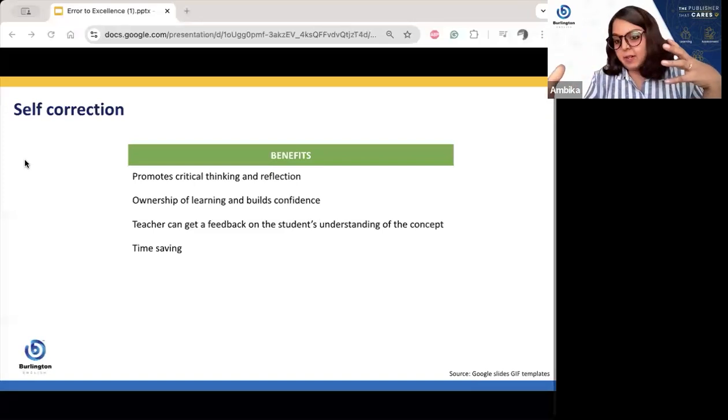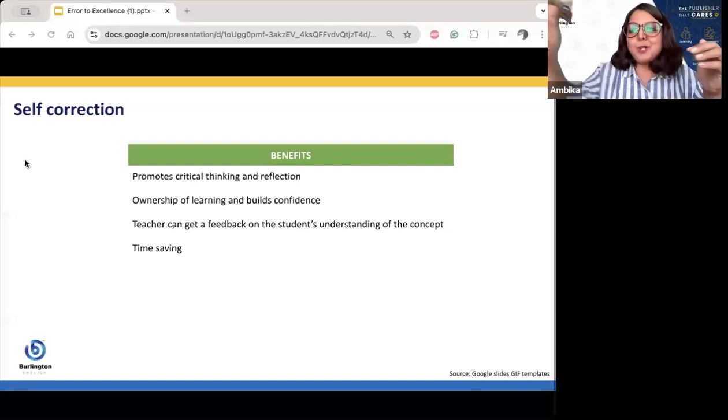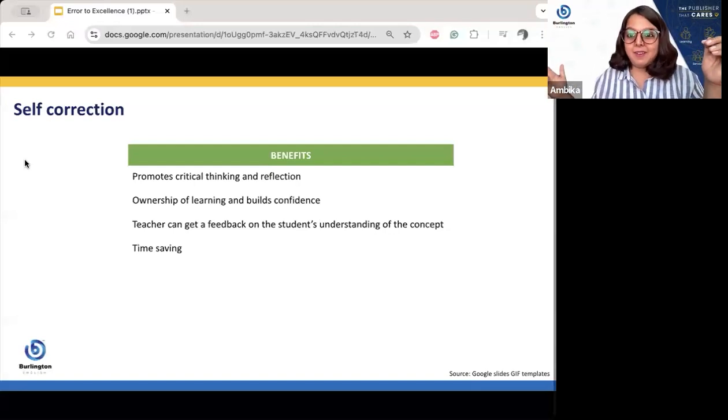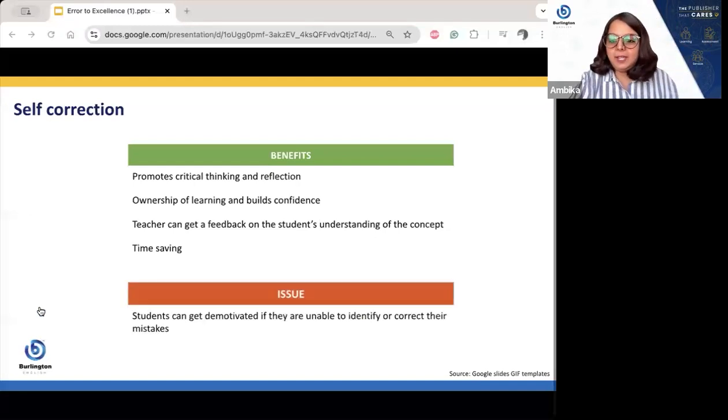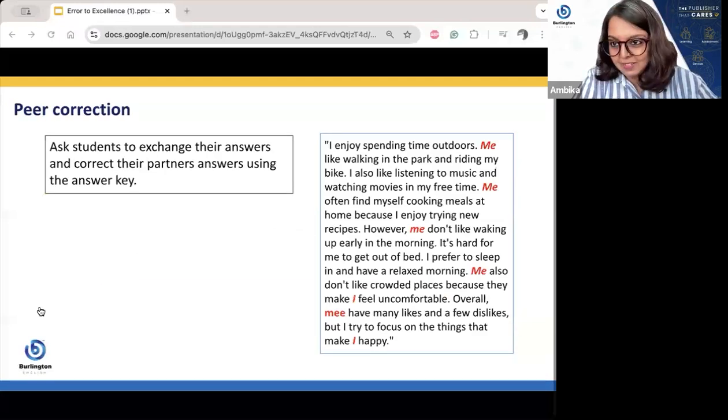Some people rightly point out, Vivek, yes, it might not be appropriate for a very primary or small class, but definitely as you go to higher classes, enable them to do this because that's what's going to help them even in their future language learning journey. And in terms of the issues, I think we already addressed it. There might be possibilities of students getting demotivated.